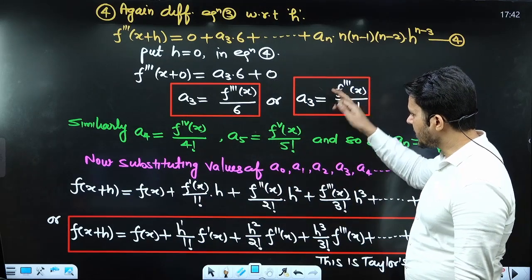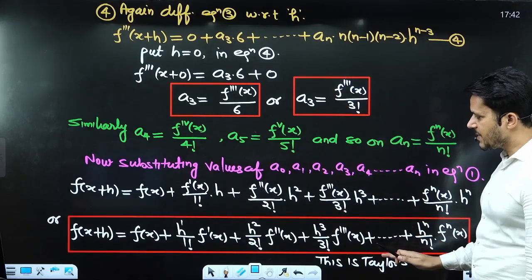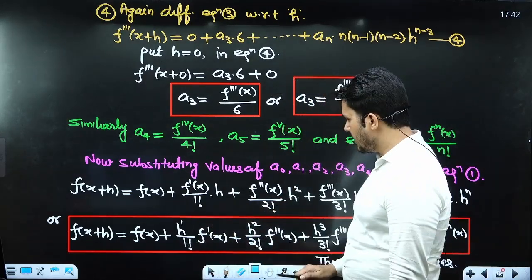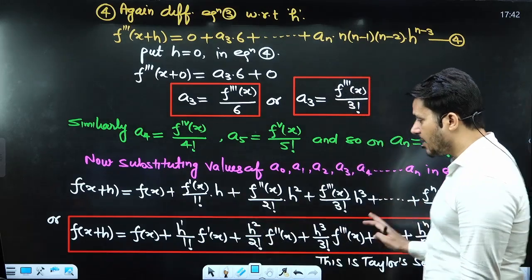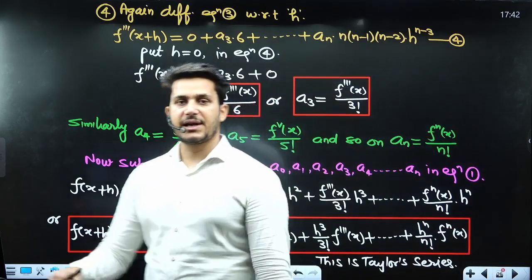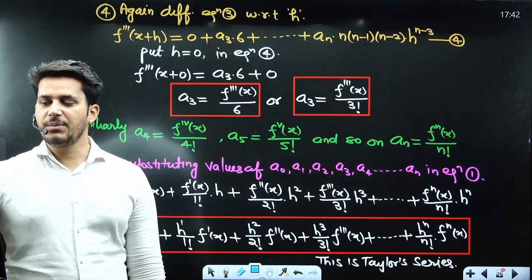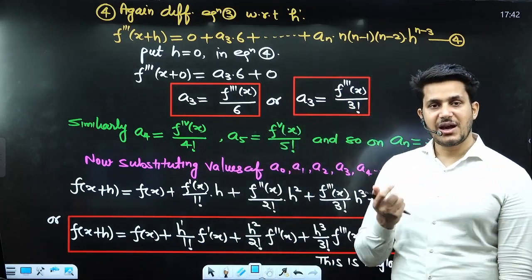Then substituting these values in equation number 1 and then some arrangement like h की पावर्स जितनी है उतने ही फैक्टोरियल लीजिए, तो फिर इसे हम कह देते हैं टेलर्स सीरीज. ये फॉर्मूला कब लगेगा? ये फॉर्मूला तभी लगेगा जब आपसे पूछा जाए कि आपको एक्सपेंड करना है इन पावर्स ऑफ, तो जो इन पावर्स ऑफ के बाद में लिखा होगा वही h का काम करेगा.